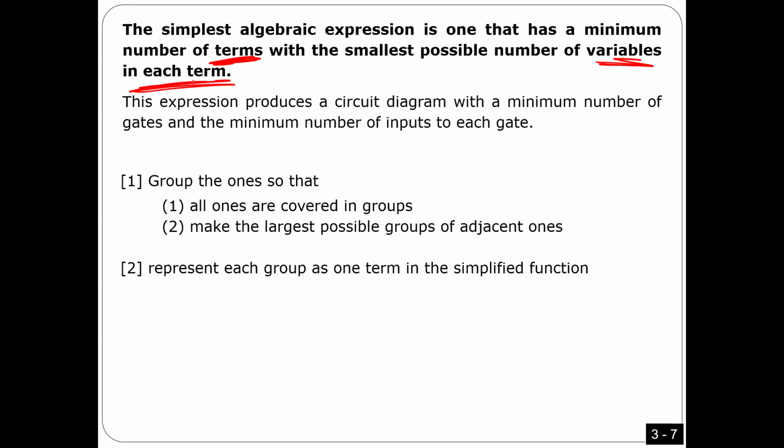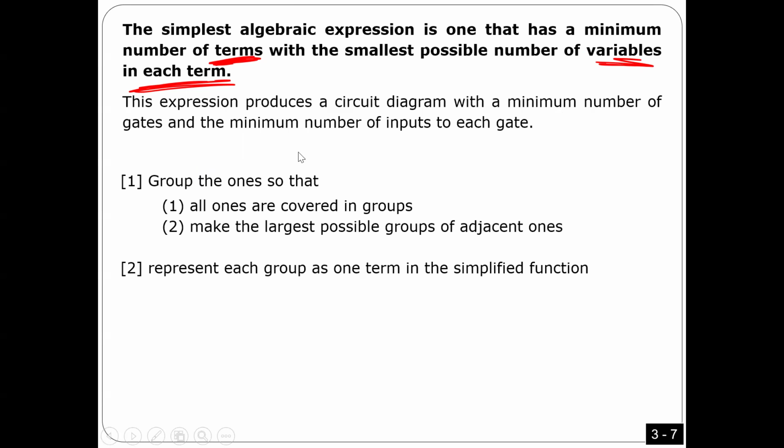Also, if I have functions with 2 terms and the other one also 2 terms, but here one term has 3 inputs and the one term here has only 2 inputs, then 2 inputs is better than 3 inputs. You understand what I'm saying? So that's what you should understand. The most simplified function means I want to reduce not only the number of terms, but also the number of variables in each term.